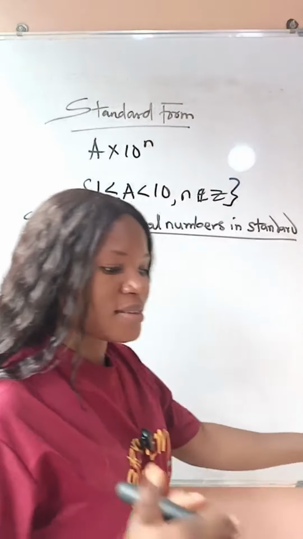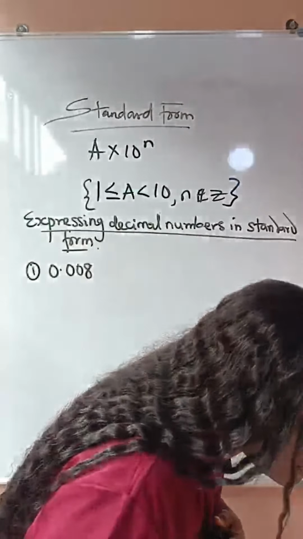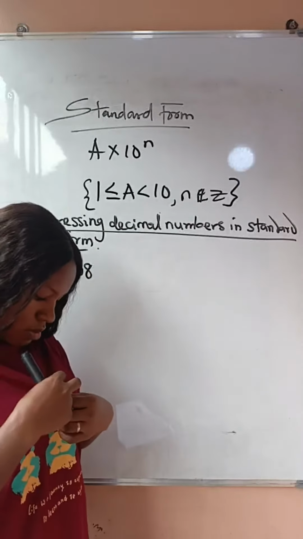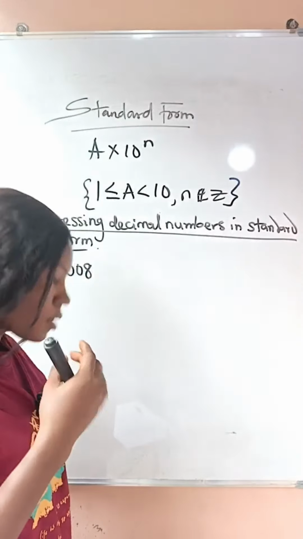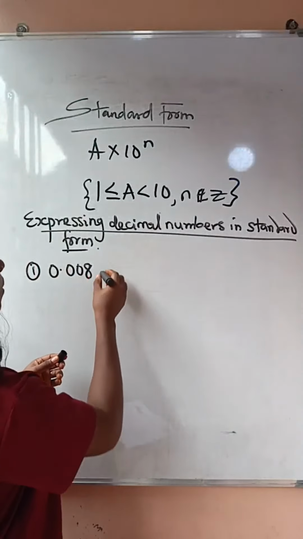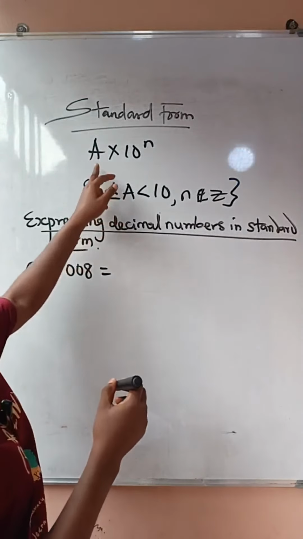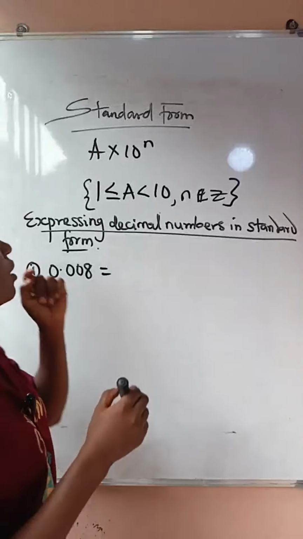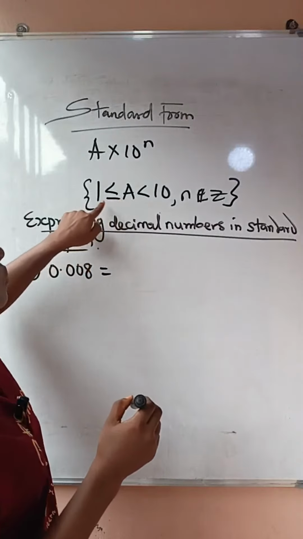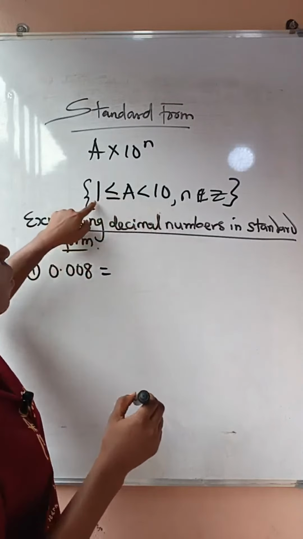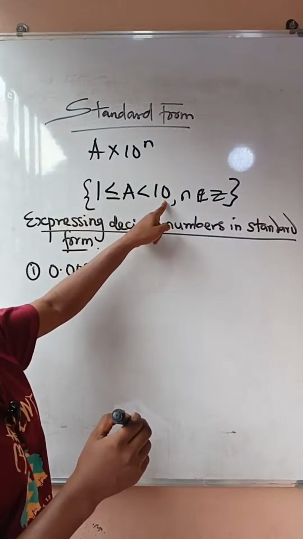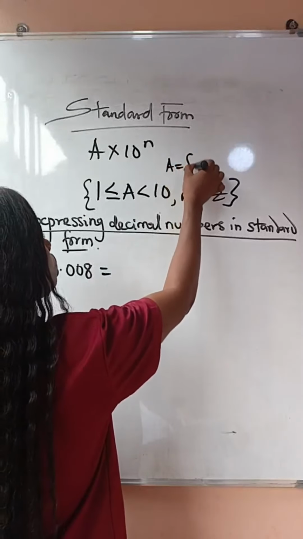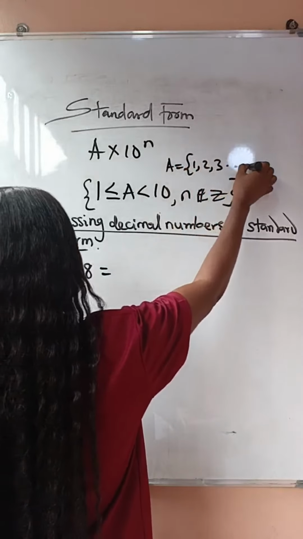Now, guys, this is it. Okay, trying to read some comments, sorry. Now remember, always remember this rule, a times 10 to the power of n, and remember that your a must be between 1 and 10, 1 included, but 10 is not included, meaning that your a should be equal to 1, 2, 3 to 9.